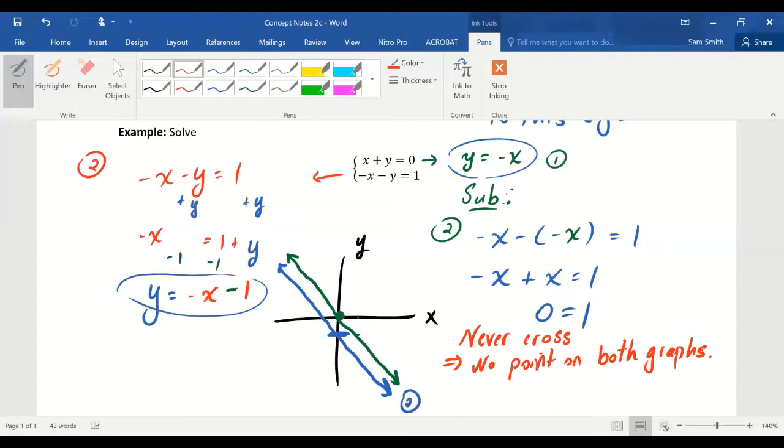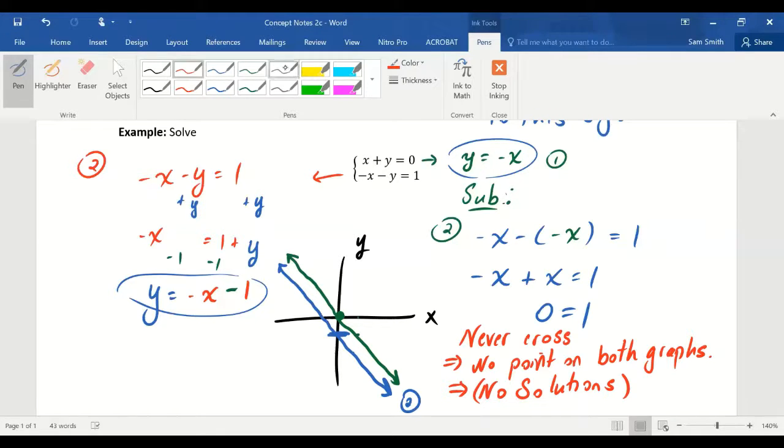They never cross. Because they never cross, there is no pair which makes both of these equations true at the same time. So this system has no solutions.